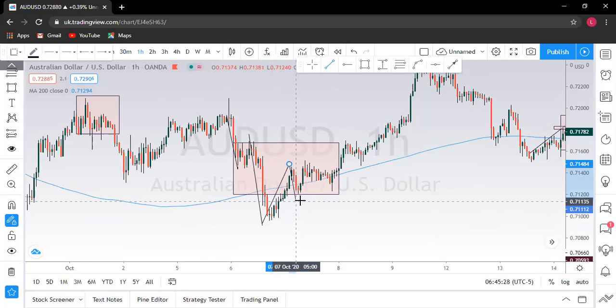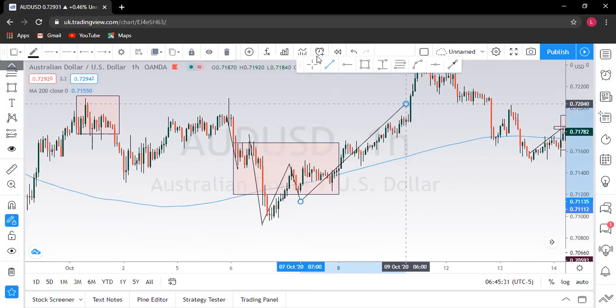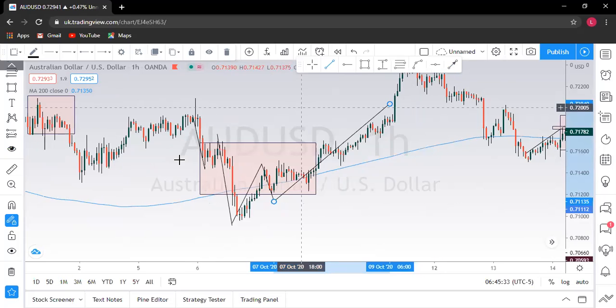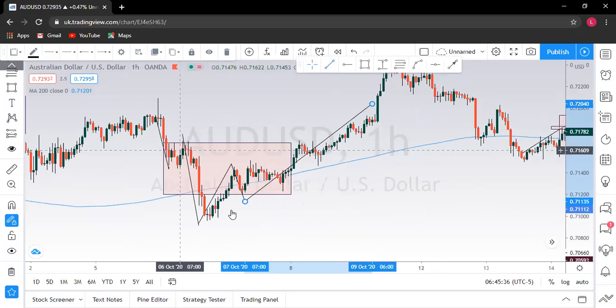So it stopped here. Can you see it? Then started going up. So can you see that this right shoulder is actually longer than the left?